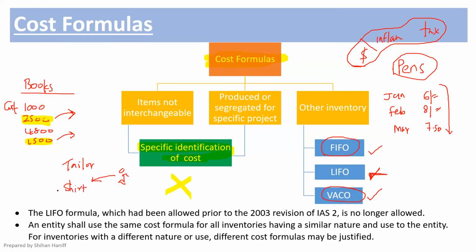He selects the material and tells the design. Then the tailor will stitch and give the product. So he knows how much material is used and what the other costs are. Then he will decide the selling price. So that is specific identification of cost. Cost can be easily, specifically identified. Everything else, use these methods.